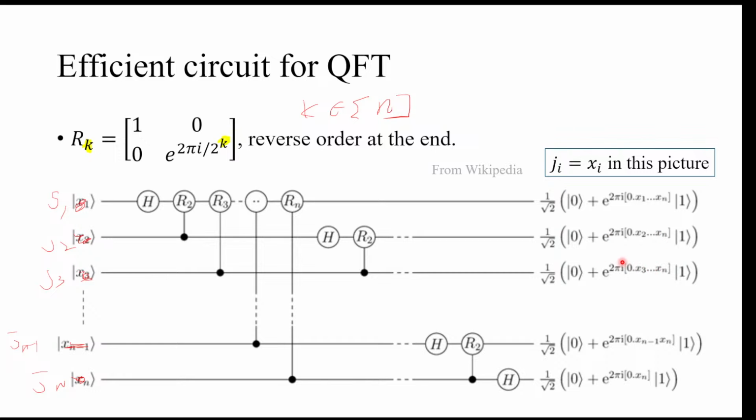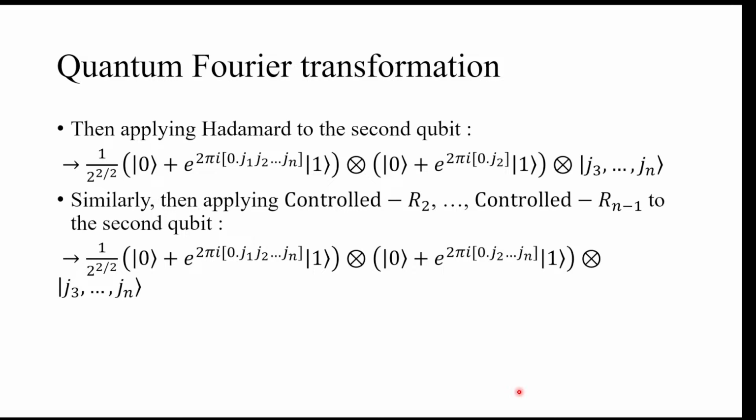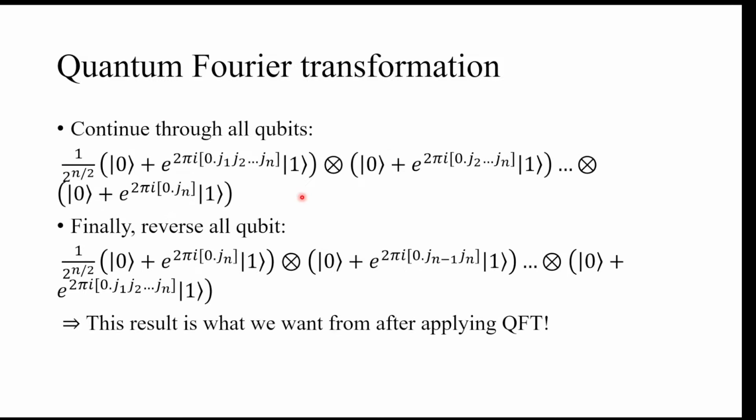And once you get this, you see that all those things don't depend on j2, so you can just continue with this cascading control. In the end, going through all qubits, you will get this expression, and you just need to reverse all your qubits to get the quantum Fourier transform result you want.